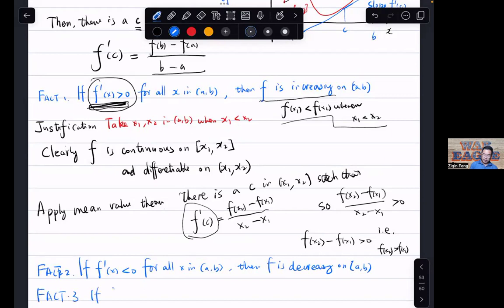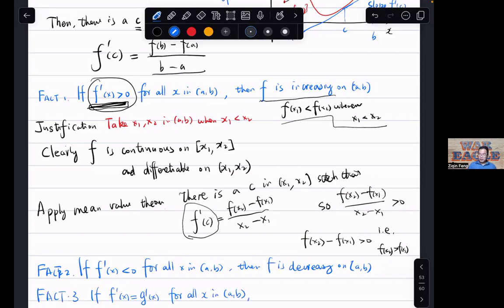Another very important one here is fact 3. If f prime of x equals g prime of x for all x inside (a, b), you have two functions that share the same derivative, right? Their derivatives are identical.